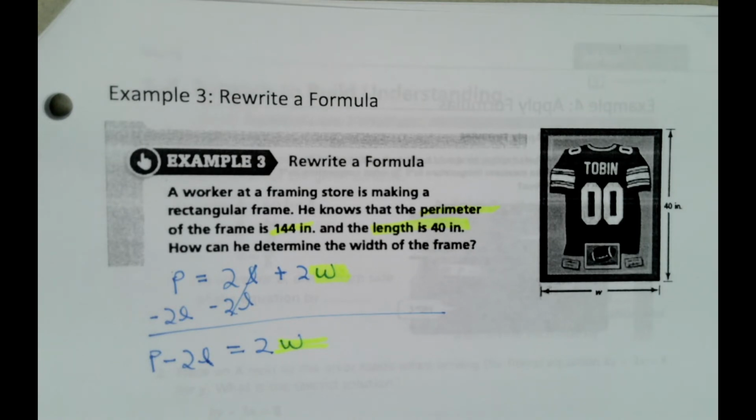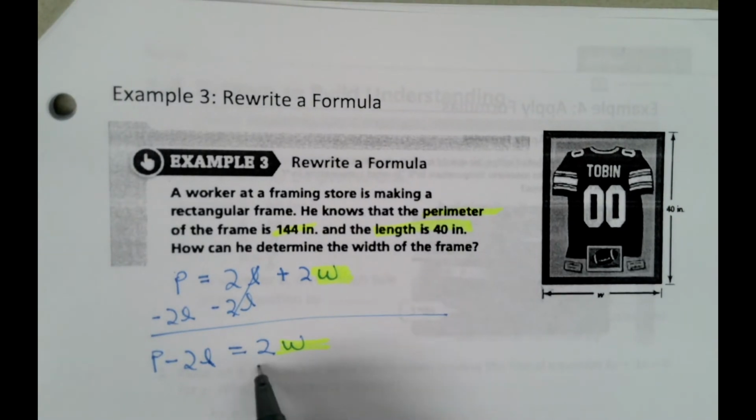So if we divide, we're going to divide by 2 on both sides. My computer was almost dying, guys. Sorry about that. So divide by 2. Divide by 2. The 2's cancel, leaving us with W equals P minus 2L all over 2. There's our answer: P minus 2L all over 2.